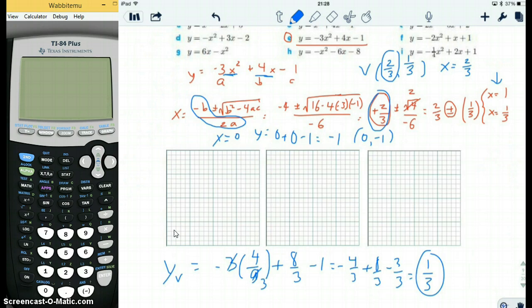So I'm going to draw this differently. How about if I put the axes like that, and this will be equal to 1.